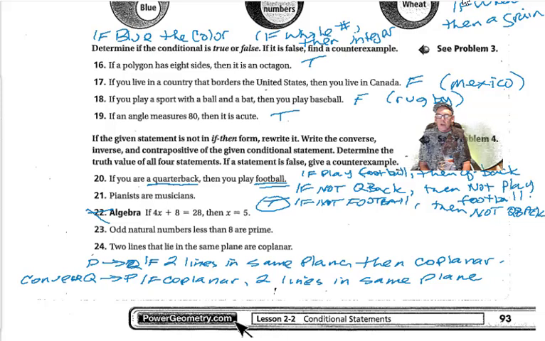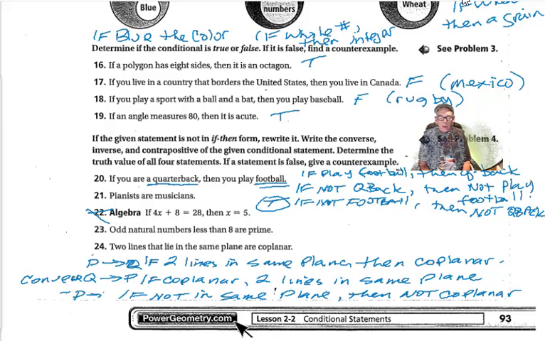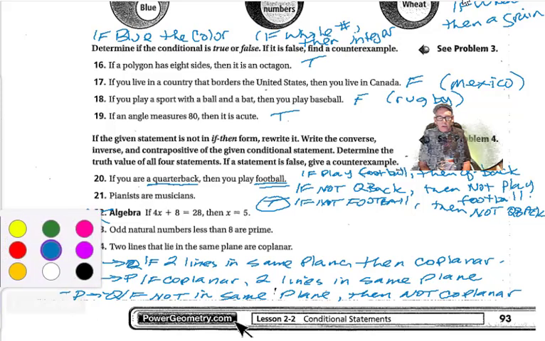We also need to write the inverse. If not in the same plane, then not coplanar. It would be not P, not Q. That's the inverse.